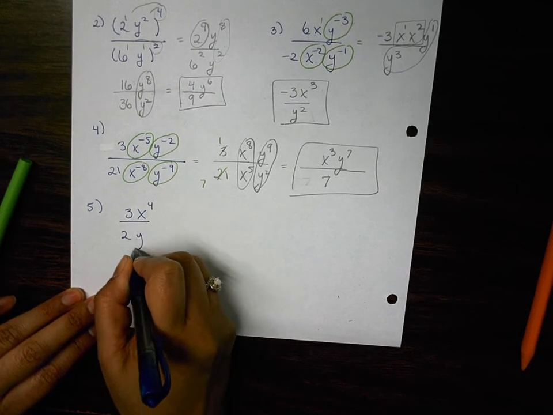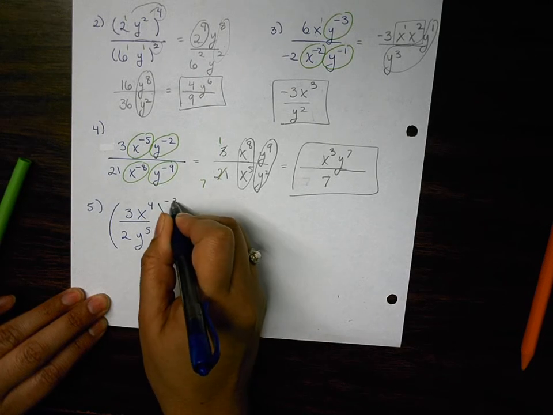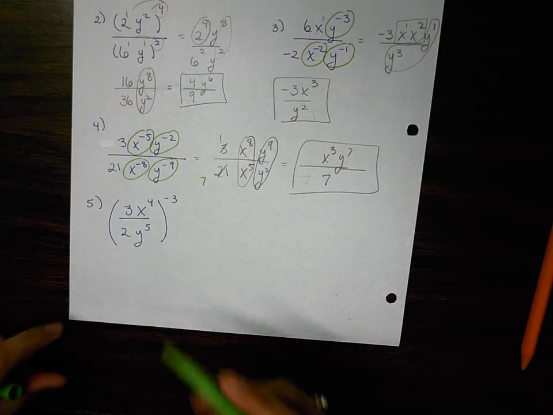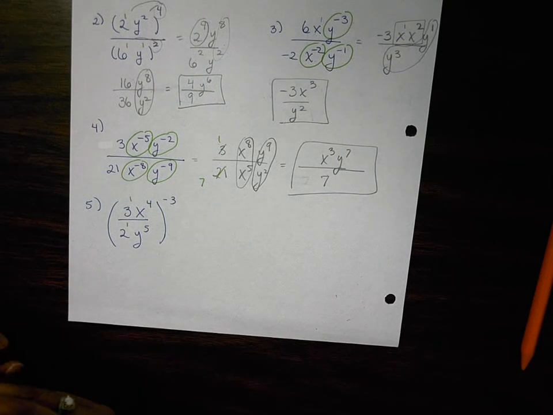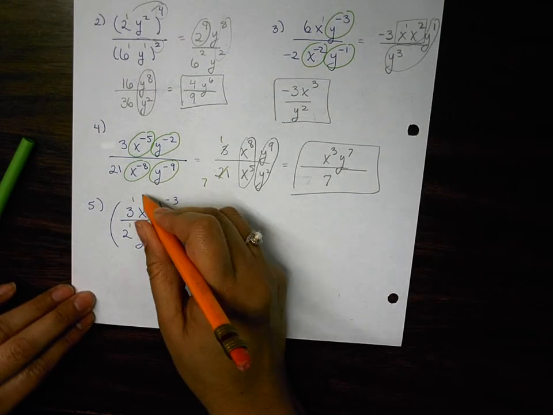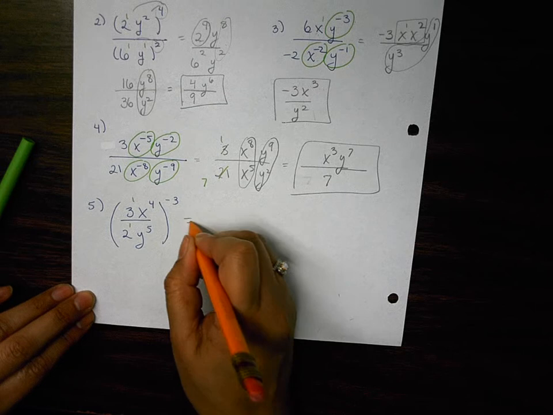3x to the 4th power over 2y to the 5th power, big parentheses, negative 3. You have to put a 1 on the 3 and the 2. And because there's big parentheses, what do I do with the negative exponent? Distribute to everything.